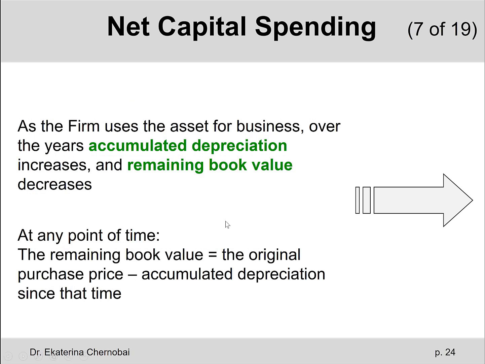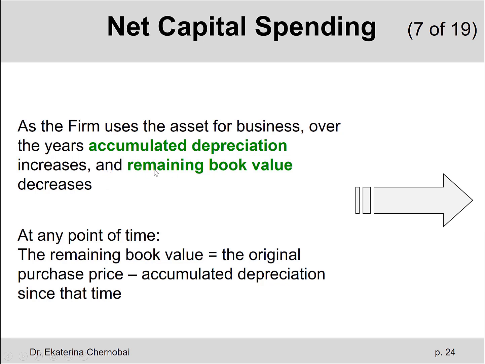What happens next? 1 year goes by, we see some depreciation, right? The asset has lost some of its value. The second year goes by, more value is lost. So as the firm uses the asset for business, over the years, the accumulated depreciation increases.